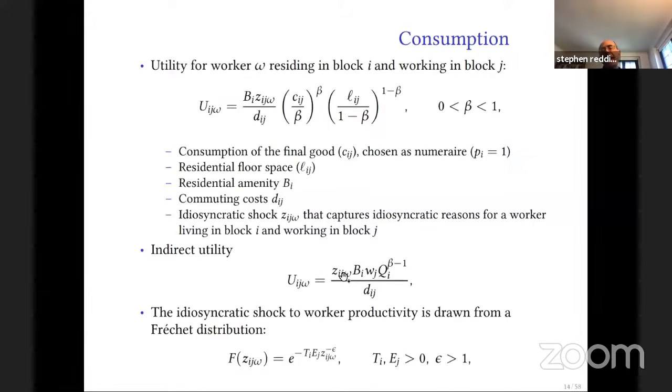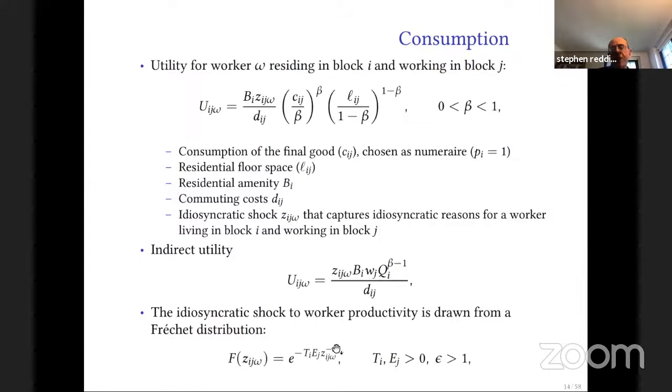And then the key to making the whole model tractable is that we're going to follow a long tradition in transport economics and in the literature on discrete choice more generally, in assuming that these idiosyncratic preference draws are drawn from an extreme value distribution. Okay, and so in particular, we're going to look at a Fréchet version of the extreme value distribution. And so the elements in this matrix, the bilateral draws by residence and workplace, are drawn independently from this Fréchet distribution here.